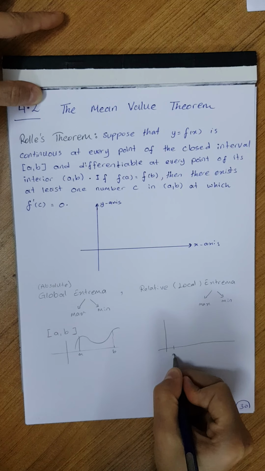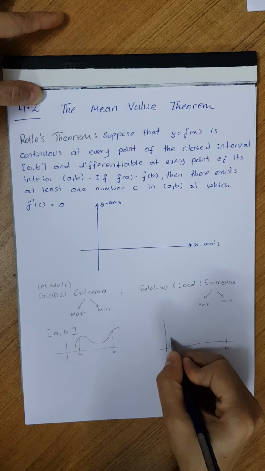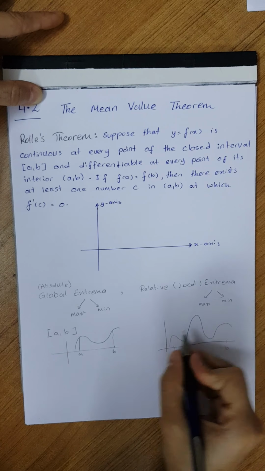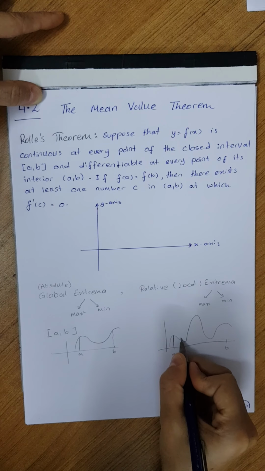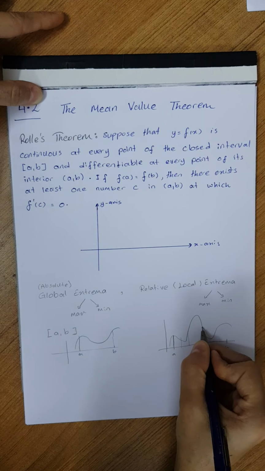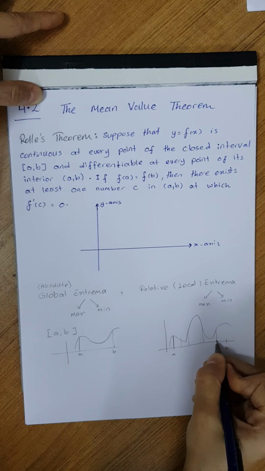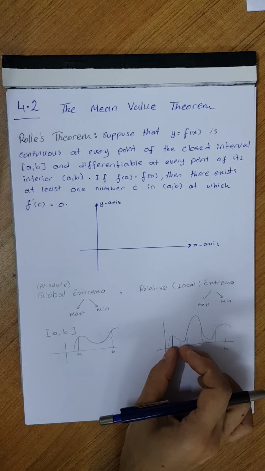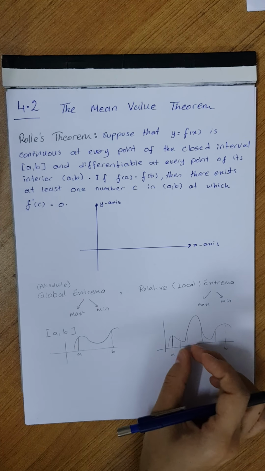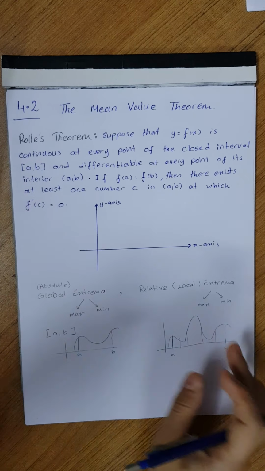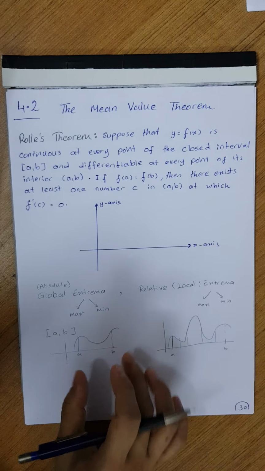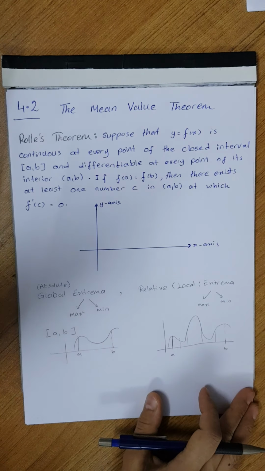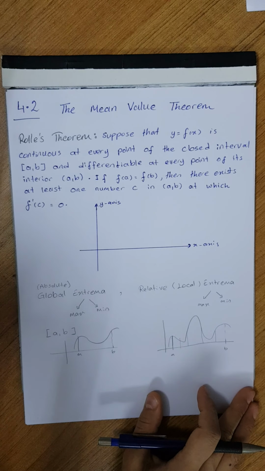That means we are dividing the interval into sub-intervals and then we work on it. We see on which interval it has a maximum or minimum. These will be called local extrema, and on the whole interval without subdividing it, it is called global extrema. Today's lecture, as we said, is about the mean value theorem.